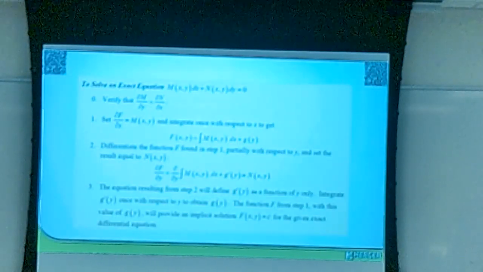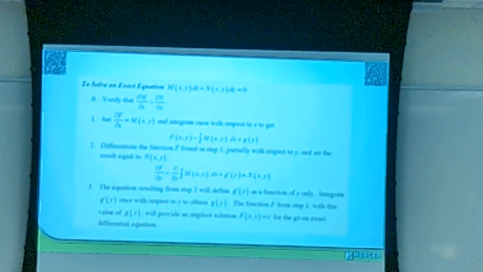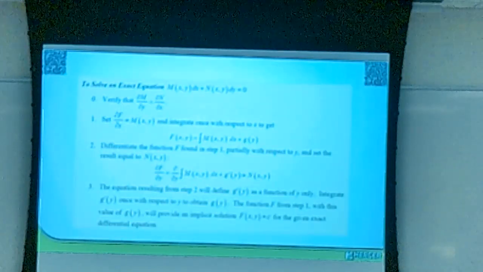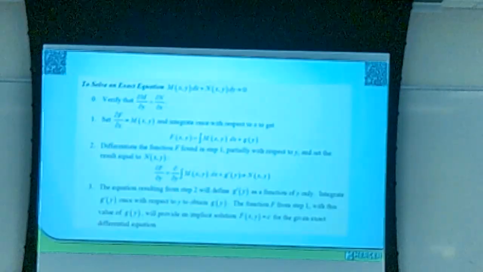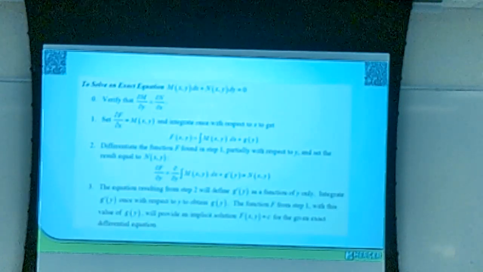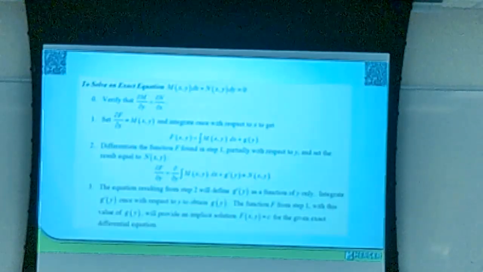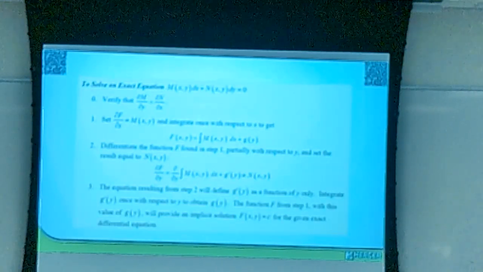So you take the partial now with respect to y, set it equal to N, solve for g prime, and integrate to get g, and that is your potential function. Potential functions are a family of functions because there is still that constant of integration out of g prime, but we'll take the simple one where it's 0 because we're just going to move it to the other side, so equal to sigma.